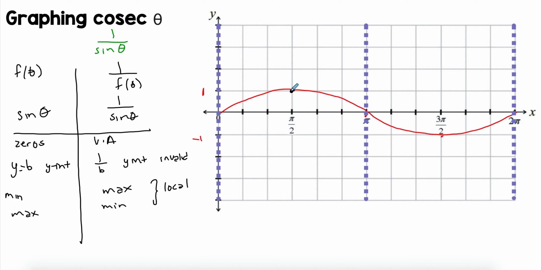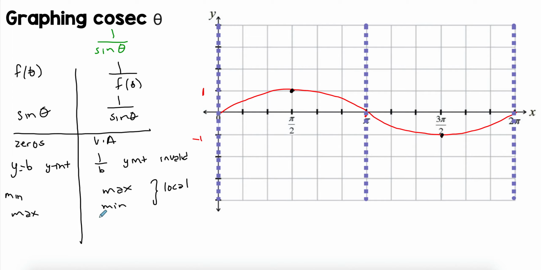So 1 is the maximum in the sine theta, so it's going to be the minimum in our reciprocal, and -1 is our minimum in sine theta, so it's going to be our maximum in the reciprocal. Again, I'm talking local, so within the region itself, not going further. So we're going to use this fact in a bit.